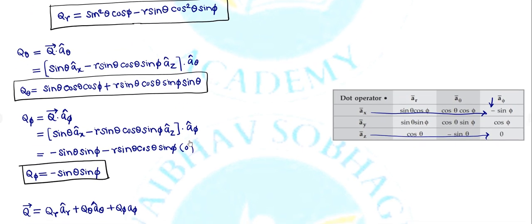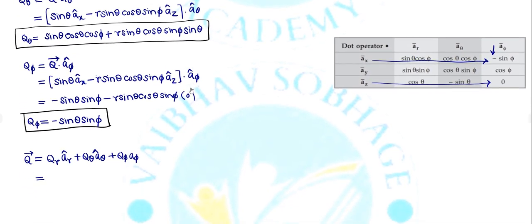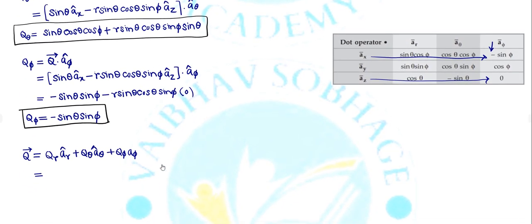Qr I have written to be sine square theta cos phi, then minus r sine theta sine phi cos square theta, isn't it?